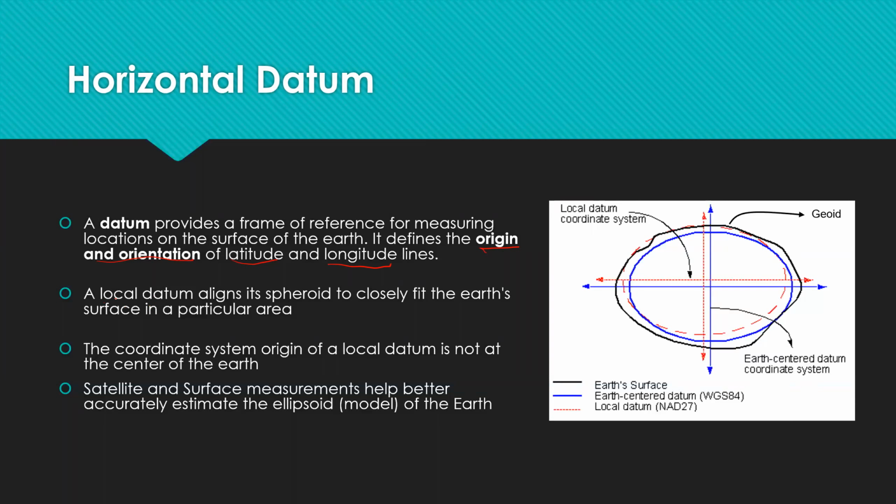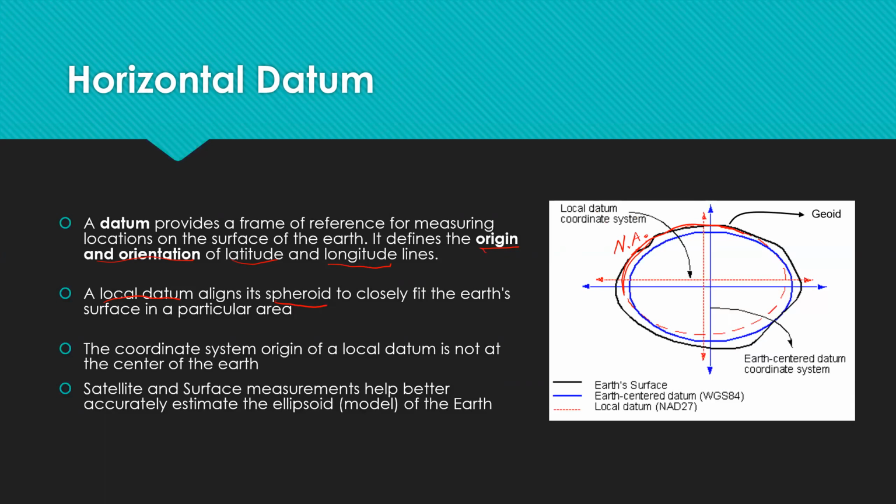A local datum aligns the spheroid or ellipsoid to fit the Earth's surface for a particular area. In this case, you can see this red dashed line right here. This is called a local datum because, say, this is North America right here.